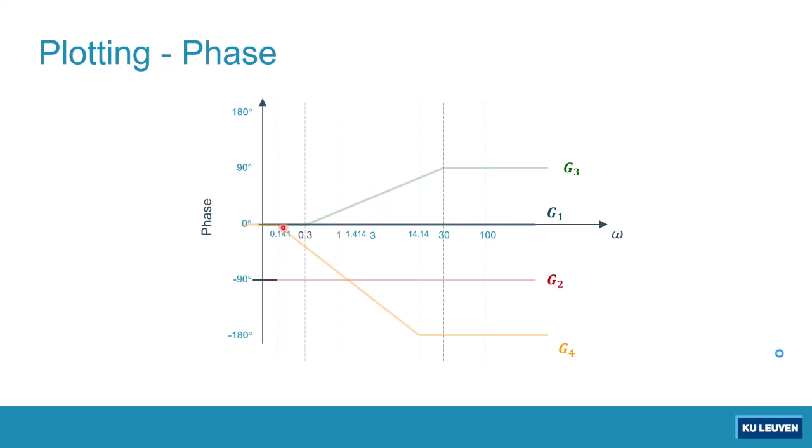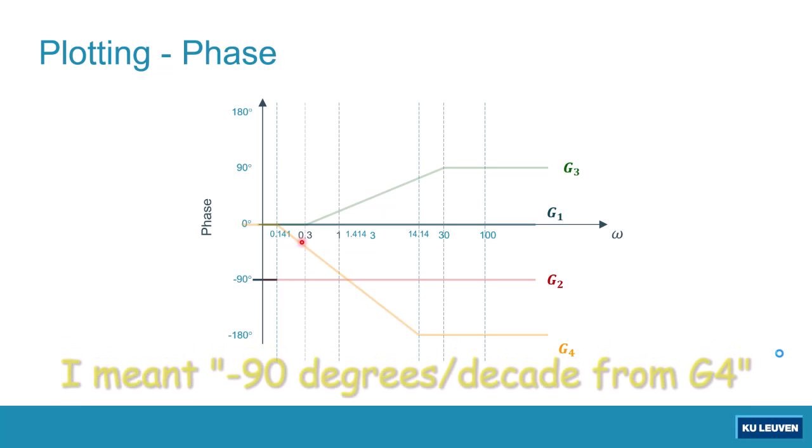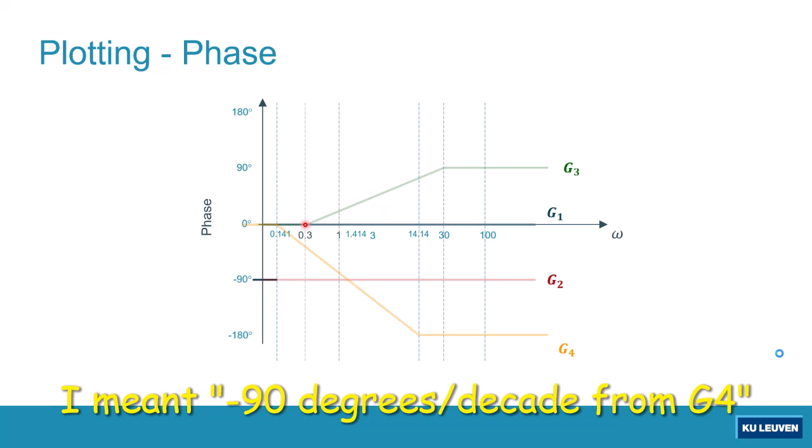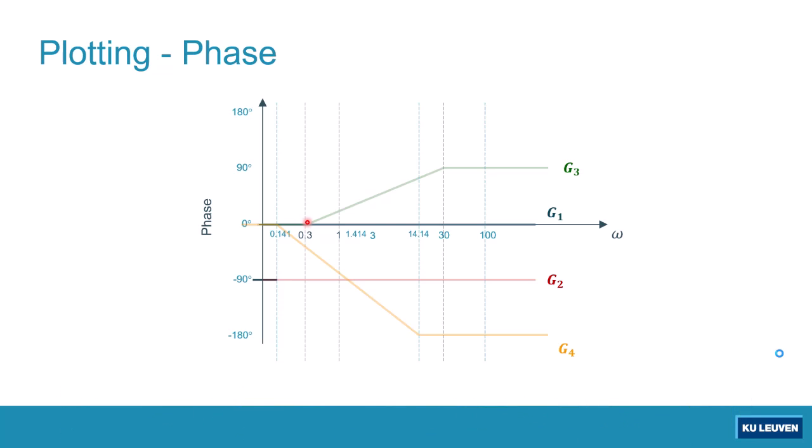And then I will have negative 90 degrees per decade slope from G4. I will have 0 slope from G3, right? So within this region, I will have negative 90 degrees per decade slope.